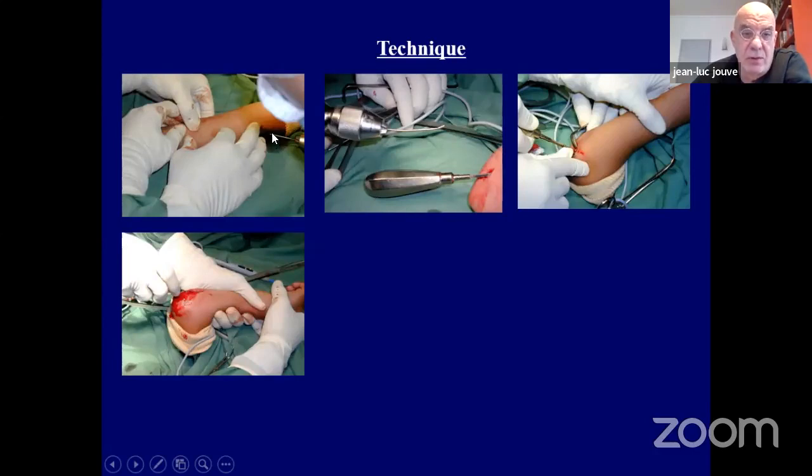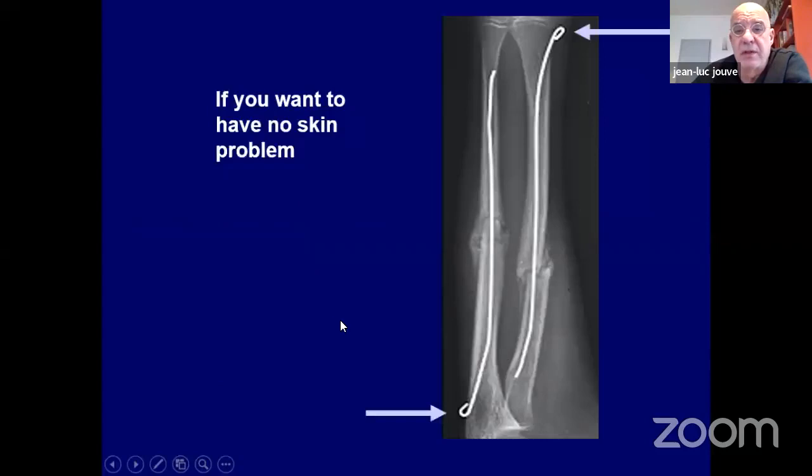Here, for example, you make the hole in the olecranon, in the proximal olecranon, and after you introduce your pin, and with experience it is quite easy.